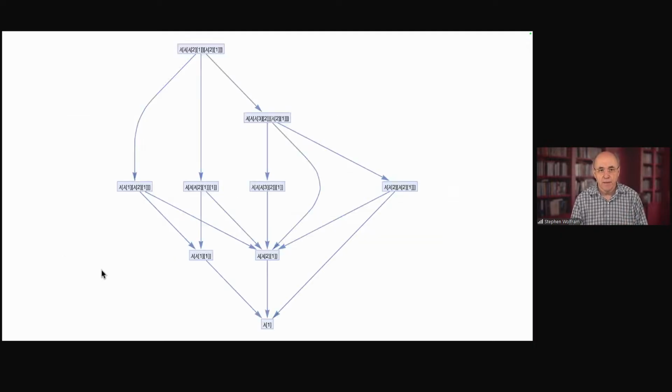So here we've got that multi-way graph. So that's showing all possible paths of evaluation from that initial lambda. This is one path, this is another path, and so on. Those are the three possibilities we saw at the beginning.